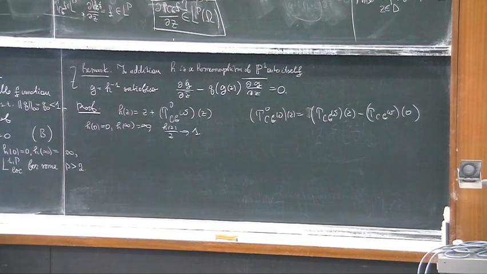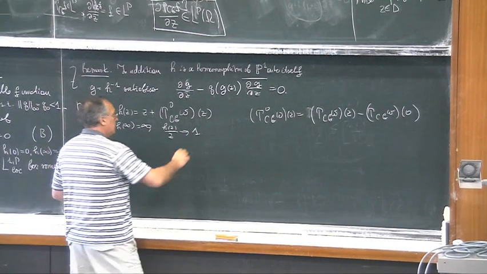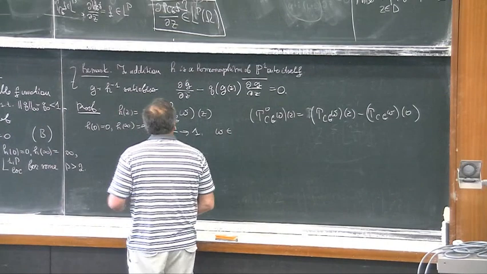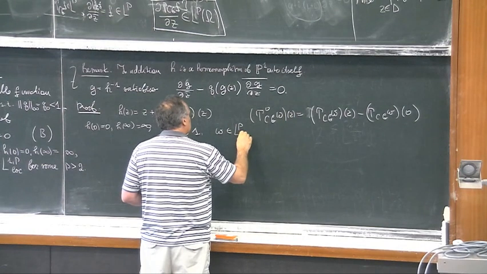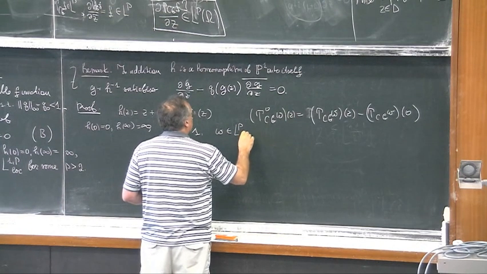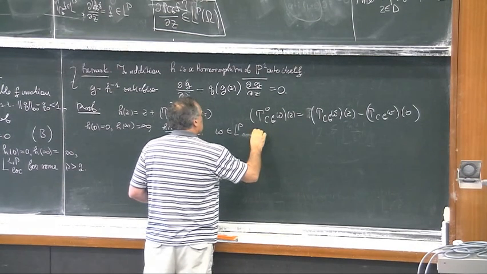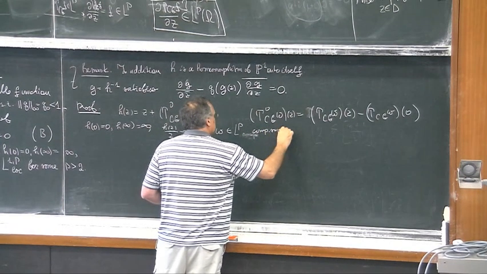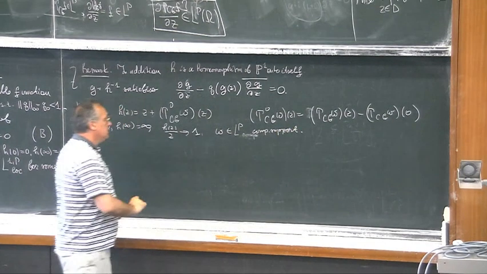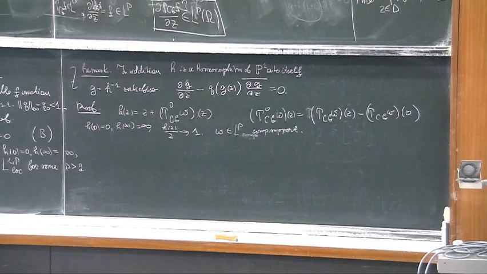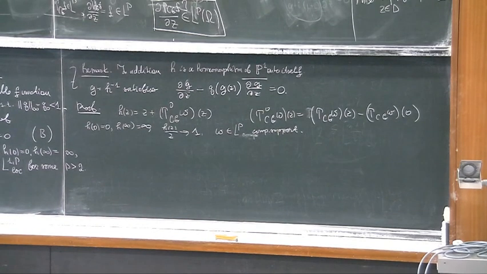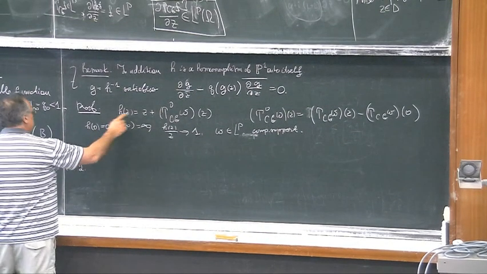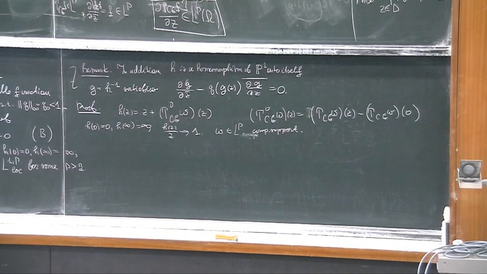So if you find a solution in such a form with omega belonging to some LP with compact support, then this solution, if it is a solution, will satisfy these 3 normalization conditions. Okay. Now let us put this into the equation.